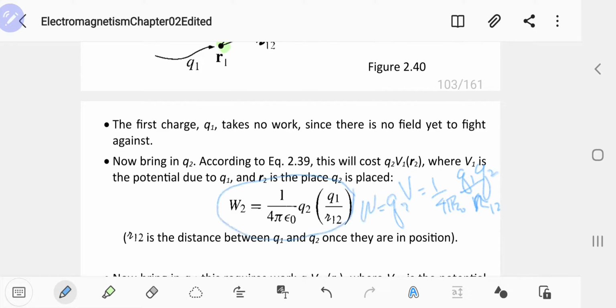So the work that is done in bringing charge Q2 in the presence of Q1 will be 1 over 4 pi epsilon sub O, Q2 times Q1 over R12. Of course, R12 here is the distance between Q1 and Q2.